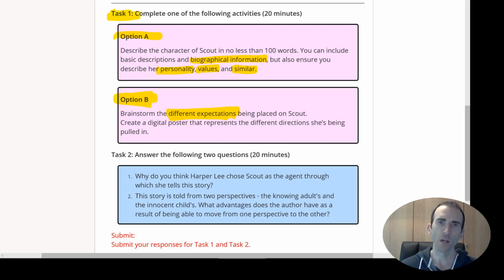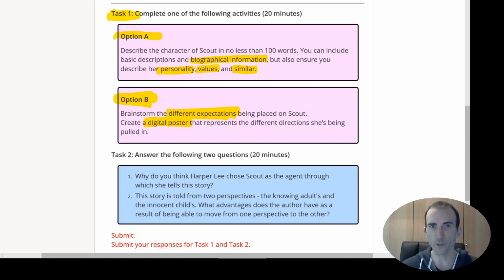Anything you can think of that's a different direction that she's being pulled in by other characters or the society overall. And I want you to create a digital poster that represents these different directions that she's being pulled in. So you'll need to think visually, you'll need to think creatively in order to create a visual explanation of the different expectations that are placed on Scout.